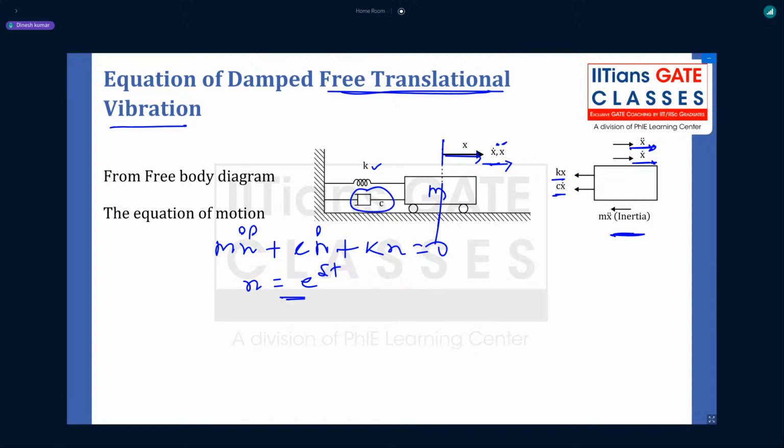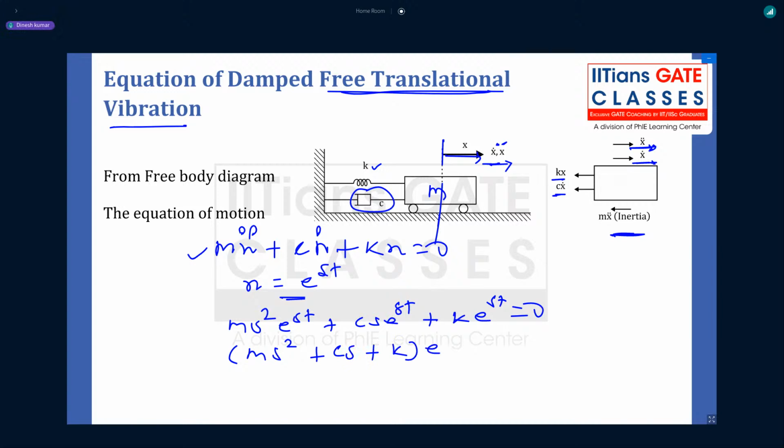Then when we substitute x equal to e to the power st in this governing differential equation, what do we find? m s square e to the power st plus c s e to the power st plus k e to the power st equal to 0. So I can take e to the power st common. So what equation do I get? (m s square plus c s plus k) e to the power st equal to 0. Now this is nothing but x, so this can't be 0. So what is 0?